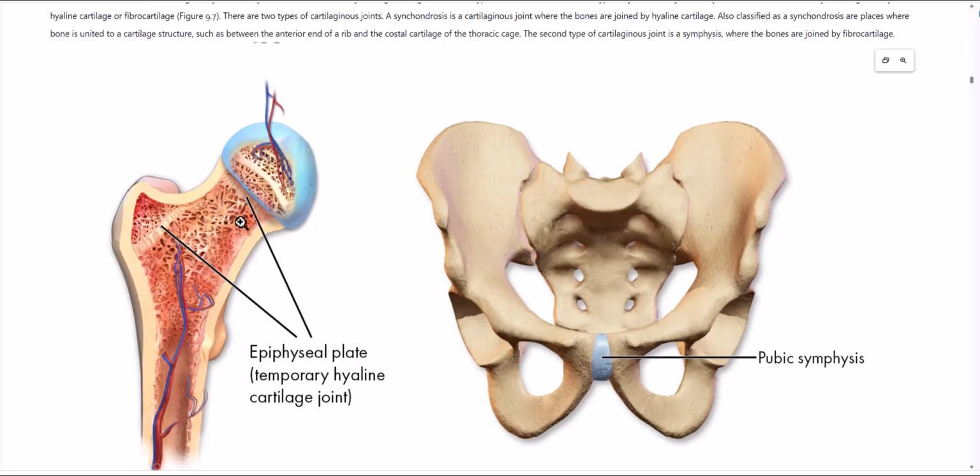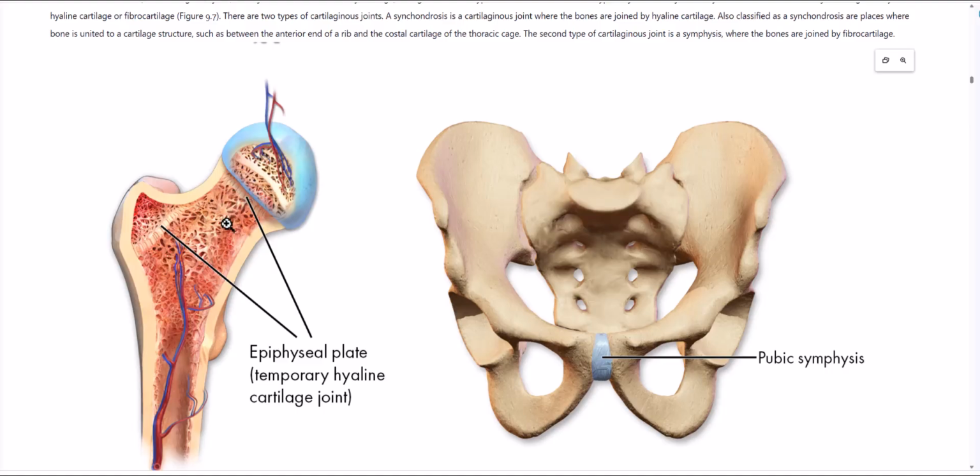So if you were to find a young person's femur, you would see that the head and the rest of the bone are disconnected, because that growth plate literally connects, right? It acts as a slightly movable cartilaginous joint between those two pieces of the bone. Now, as an adult, these bones fuse together into one bone with a contiguous blood supply.